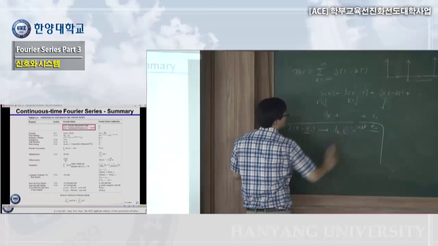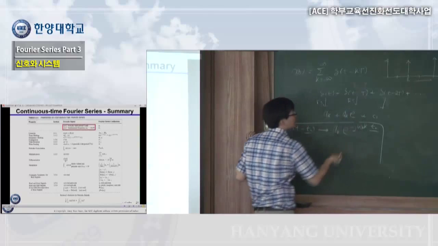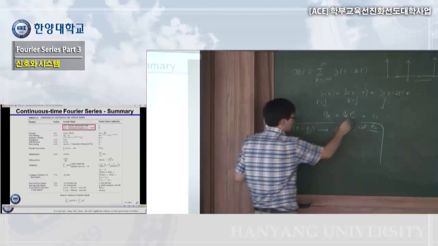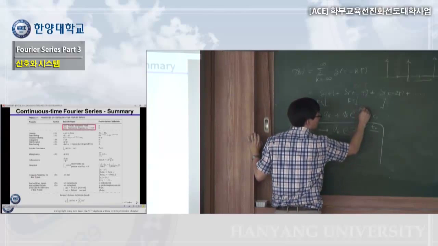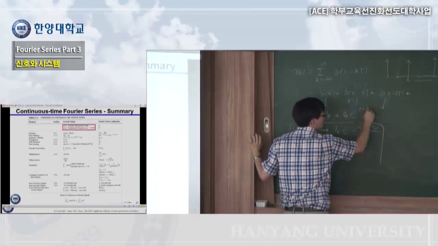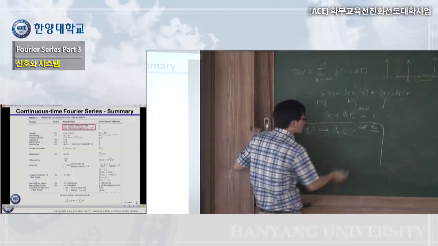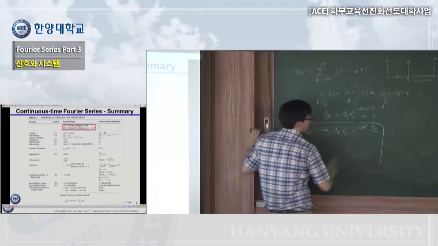And what's the property? a_k times exponential minus j omega 0 k, which doesn't change. What is our t0? Large T, right? What about this one?